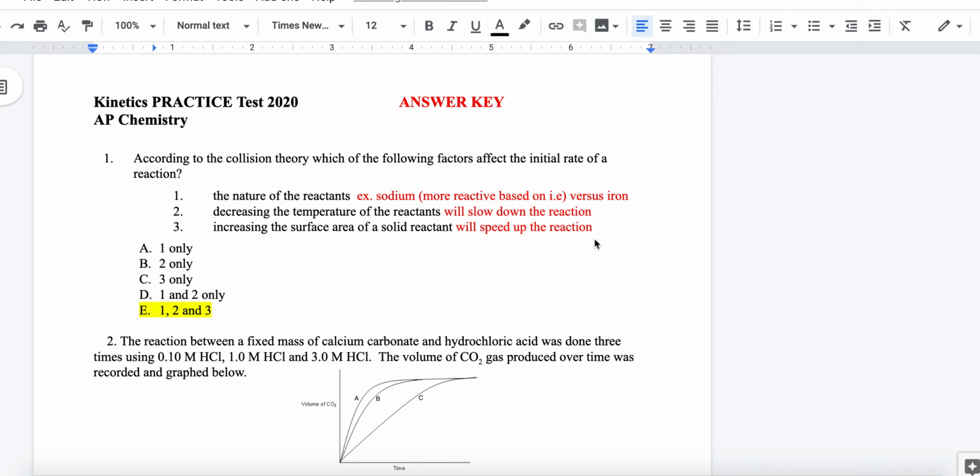You can't change the surface area of a gas. And the other most important thing is that the substance that you change has to be in the rate law. Even if it's a reactant, that reactant might be zero order. It might not be in the rate law, so those changes won't impact the overall rate.